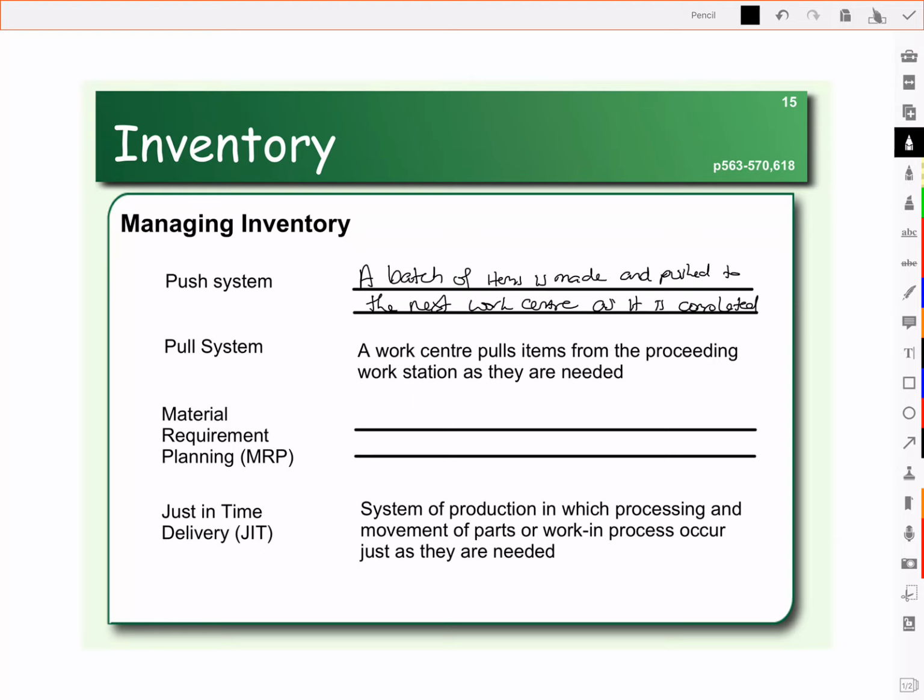So if we have a push system for our dependent demand, then we are using material requirement planning. Material requirement planning is where you determine the purchase and production of dependent demand components.